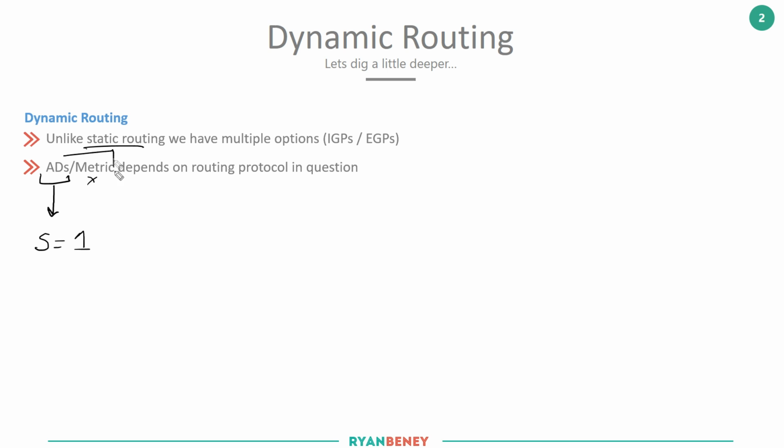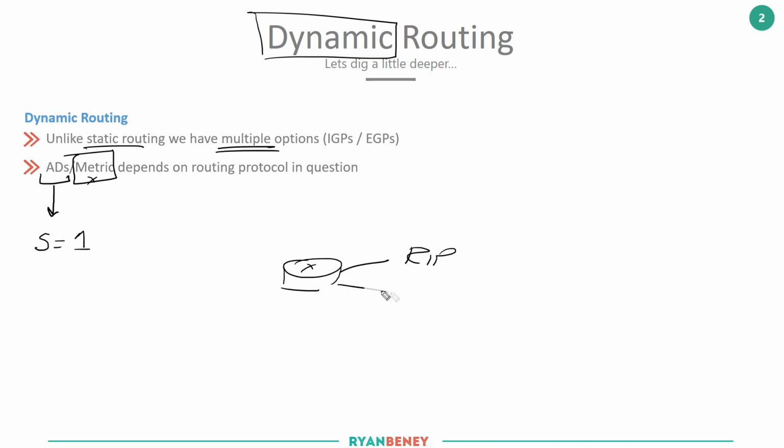Why it is important with dynamic routing is because, as I said, we have multiple options. So if a particular router has multiple ways to reach a particular destination, let's say it has a RIP way and it has OSPF, and inside RIP it has 2 paths, and inside OSPF it has 2 paths, the router first needs to pick which protocol to use.